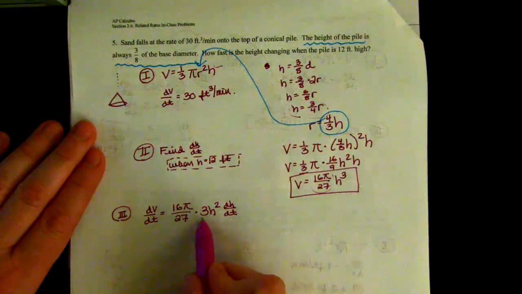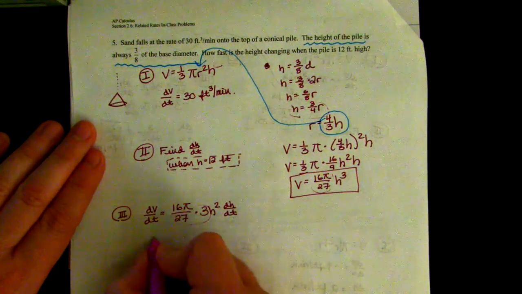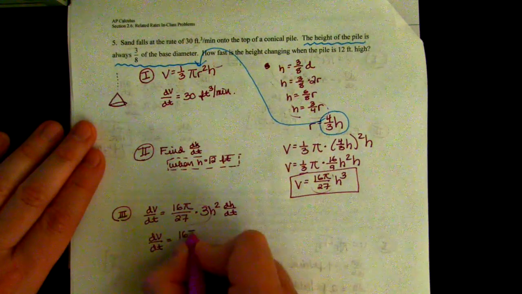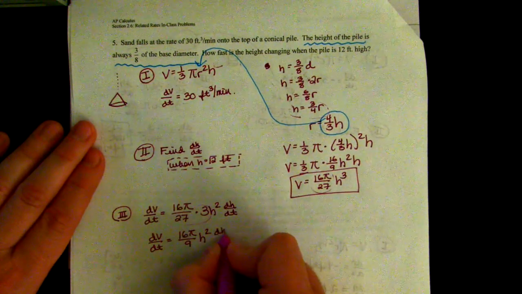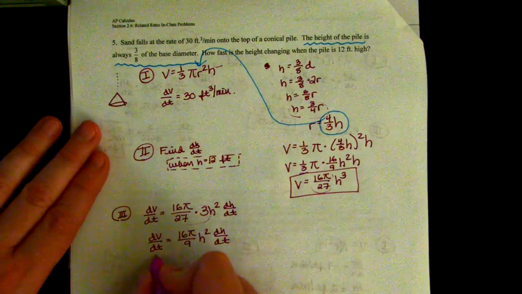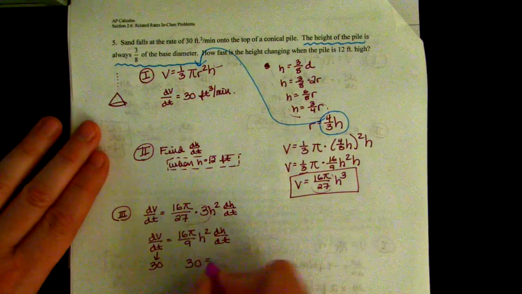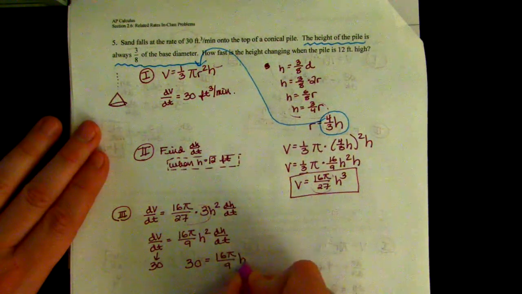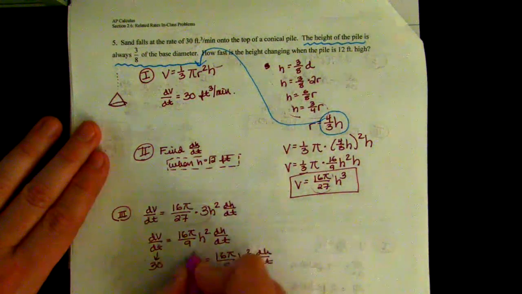Might as well clean this up a little bit. Actually, I can do 3 over 27 and just turn that into over 9. dV dt equals 16 pi over 9 h squared dh dt. And I suppose at this point we should also plug in our 30 for dV dt and get a final formula in part 3 of 30 equals 16 pi over 9 h squared dh dt.